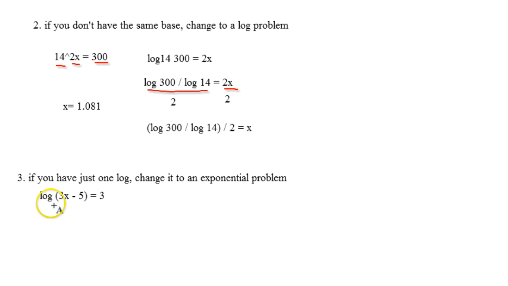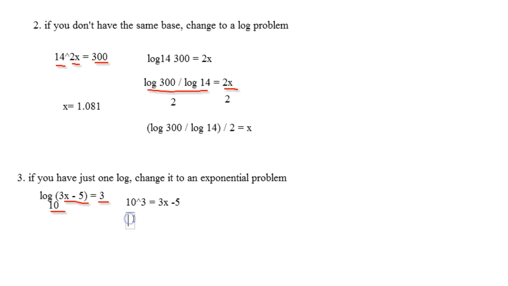Right now this is base 10, so you could type a 10 in if you want. It's the common log. So the base is 10, the exponent is 3, and the answer is 3x minus 5. If I change it to exponential form, I'm going to have 10 to the third equals 3x minus 5. All I'm doing is changing it to that form. We learned that back in the properties of logs, that you can easily change from one form to the other.